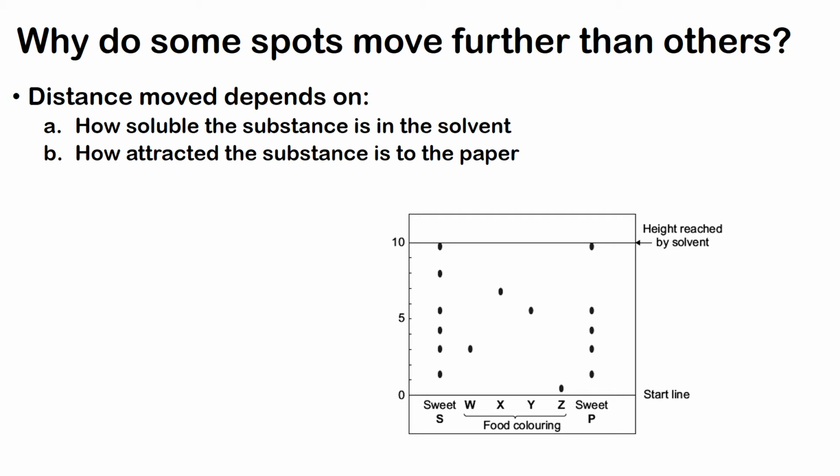If it's not very soluble, then it'll pick it up a little bit and carry it a short distance, but then it'll drop it, and then some more solvent will come up behind it and pick it up again and carry it a little bit further and then drop it, and that process will be repeated until you stop the chromatography and take it out of the solvent. As a result, very soluble substances tend to travel much further distances, and not very soluble substances tend to travel much shorter distances.